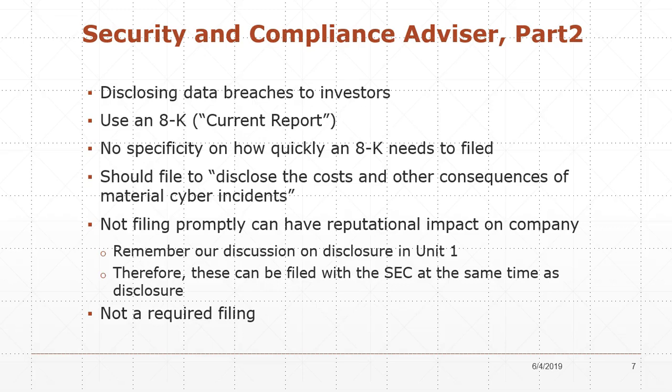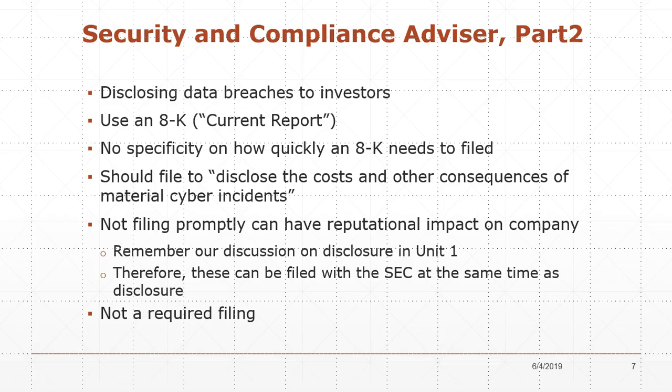The other document that you may be asked to comment on is the 8K, which is called the current report. Certainly, if you're disclosing data breaches to investors, those comments will appear in the 8K. So you should file it as quickly as you can and disclose the costs and other consequences of material cyber incidents.